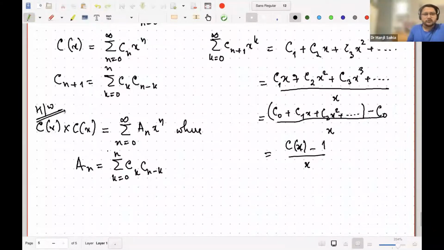So this is a homework for you, okay? And this is called the Cauchy product formula.